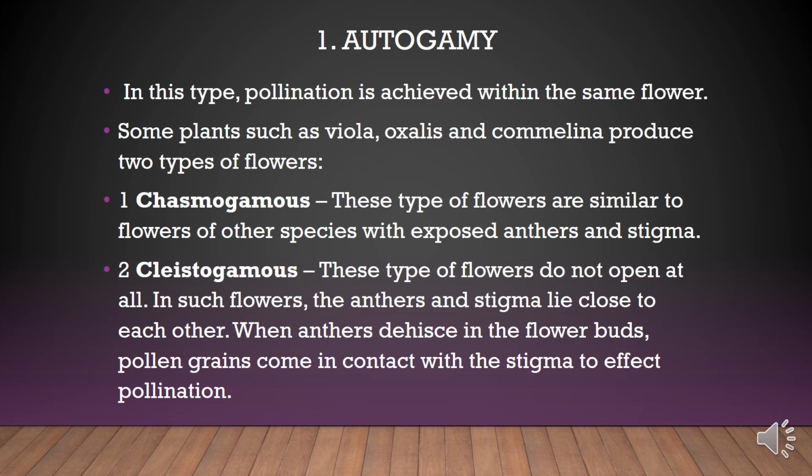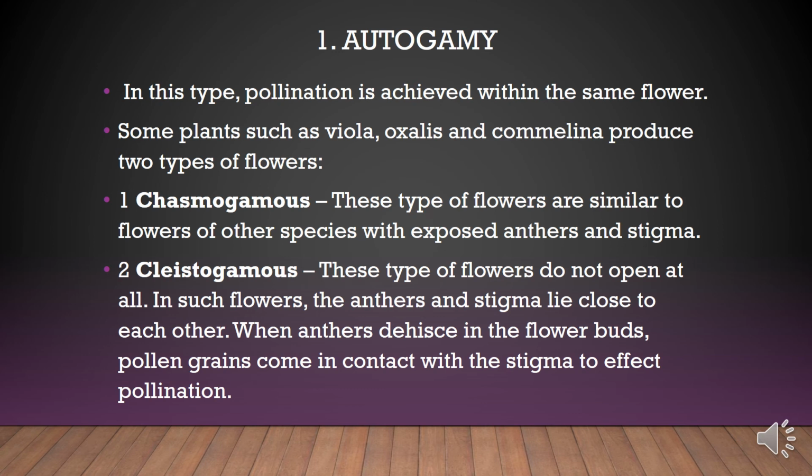In this type, some plants such as Viola, Oxalis and Commelina produce two types of flowers, that is chasmogamous and cleistogamous. Chasmogamous flowers are similar to flowers of other species with exposed anthers and stigma. Cleistogamous flowers do not open at all.